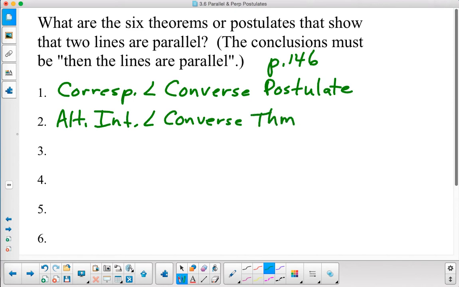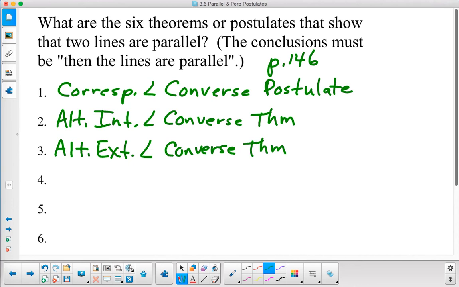The alternate exterior angle converse theorem. Write all these down. The same side interior angle converse theorem.